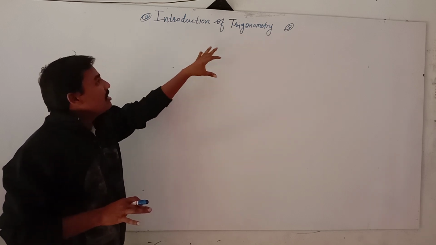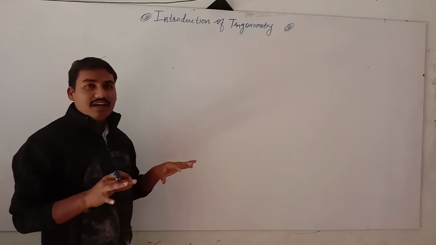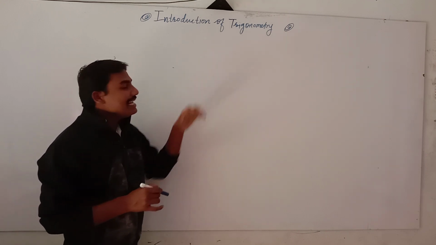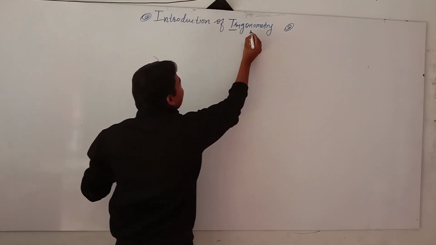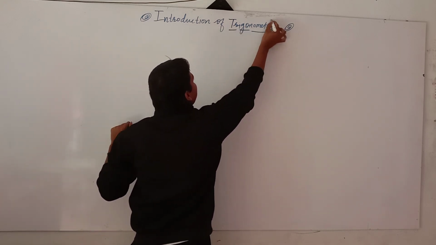The word trigonometry is actually derived from the Greek words tri, gon, and metron.